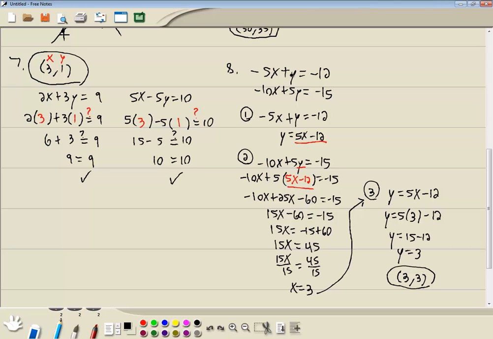Now you could check that by plugging it back into the system of equations up here. I'm going to show it on a calculator. So I'm going to drop my x's, y's, and equals, keep the numbers and their signs. So I got negative 5, 1, negative 12, and negative 10, 5, and negative 15.